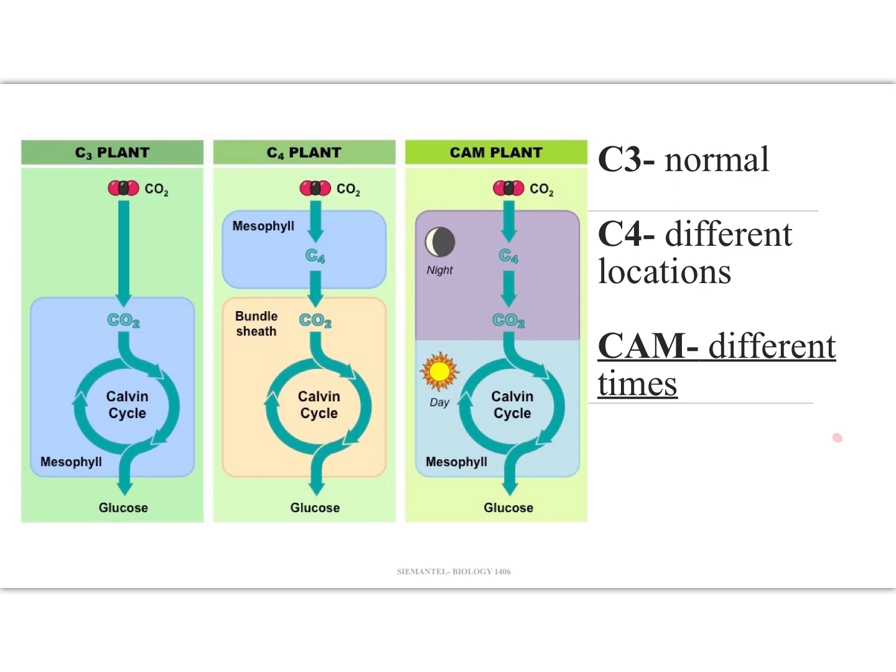When the daytime comes about, still in the mesophyll cell, we are going to oxidize the 4-carbon compound, remove carbon dioxide, and have Rubisco put it in the Calvin cycle and make glucose. So C3 runs normally, C4 uses different locations, a mesophyll cell and a bundle sheath cell, and CAM plants use different times. Certain steps are run at night and others are run during the day.